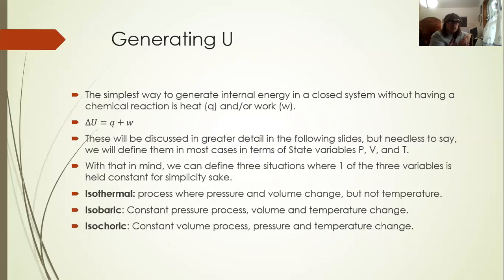Pressure is allowed to change, volume is allowed to change, temperature stays the same. An isobaric system, where pressure remains constant, while volume and temperature are allowed to change. So if I heat up a balloon and it expands at a constant pressure, isobaric system.